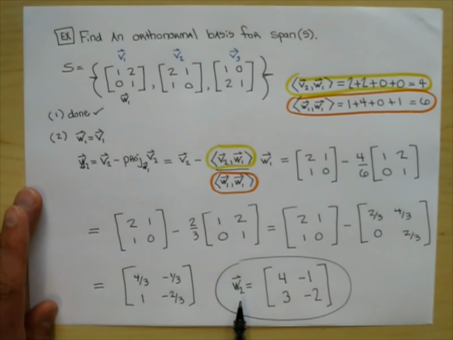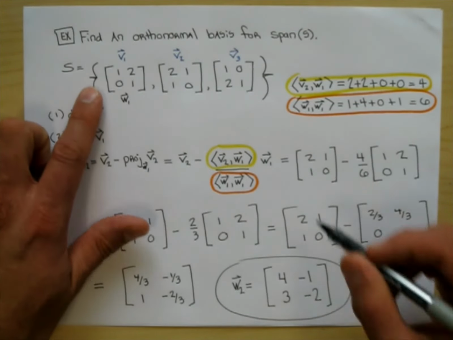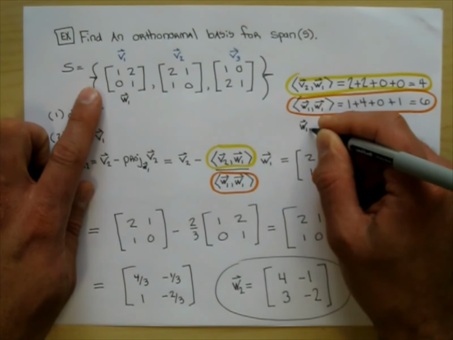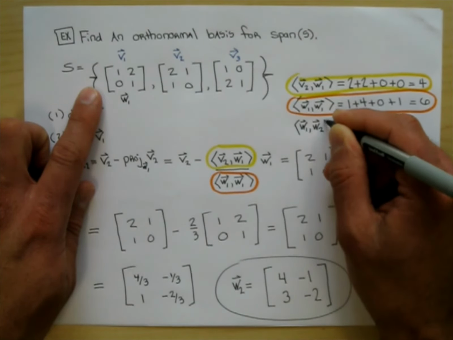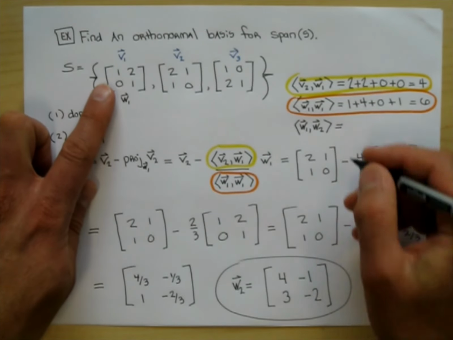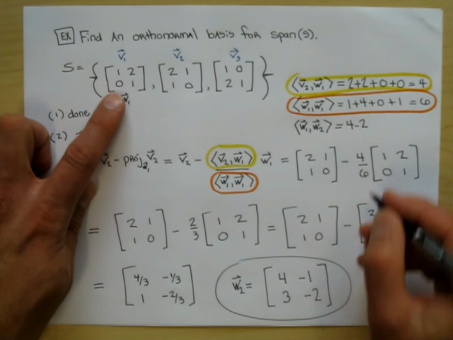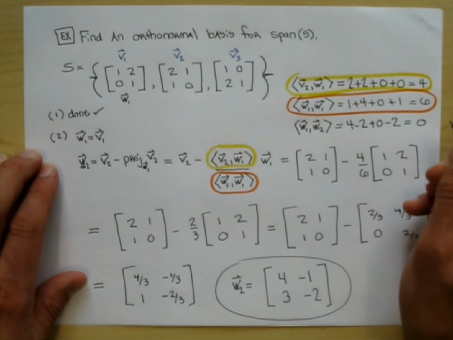But watch what happens when you go W1 and W2. Look at this. W1 and W2, when you take their inner product, it should be 0. So I get 4 minus 2 plus 0 minus 2 plus 0 minus 2, which gives me a 0.